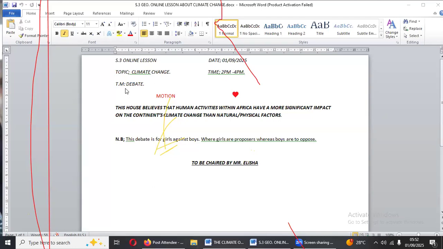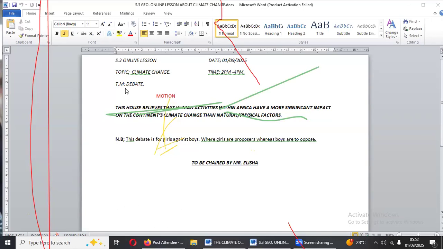The first speaker talked about natural factors such as ocean currents, wind, solar activity, and radiation. He told us that Africa contributes most to the world's global warming, yet we have few vehicles and industries compared to other countries.